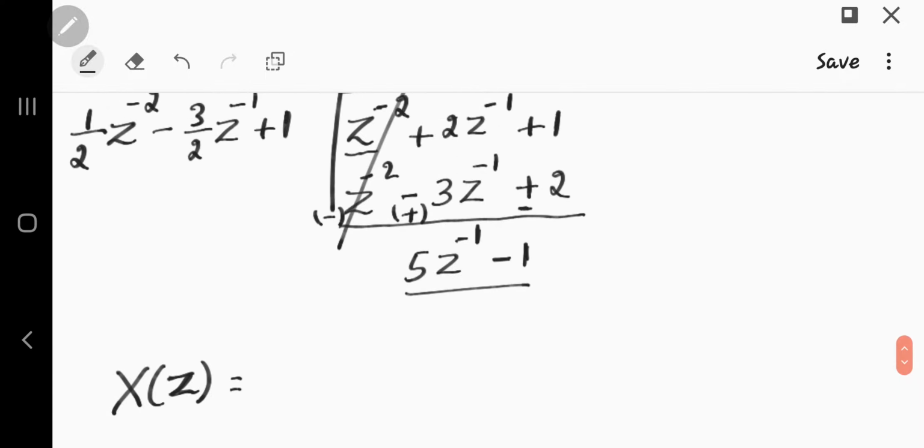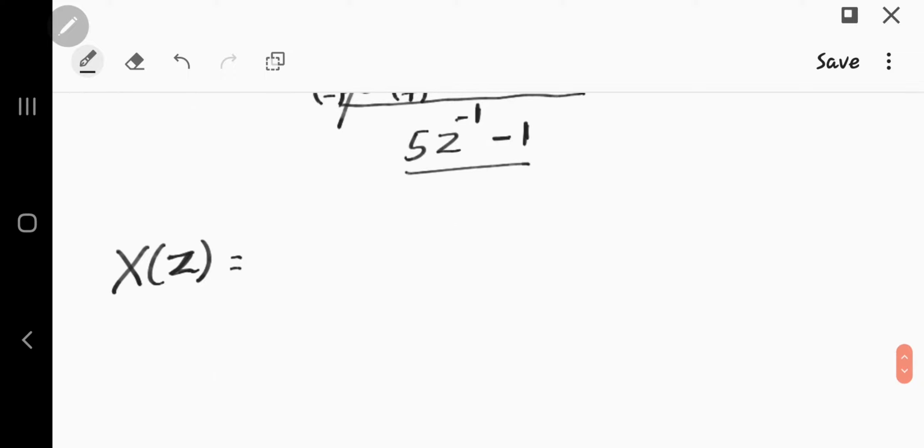You have to stop long division when the power of this remainder becomes less than that of the divisor power. Now the divisor power is 2 and the remainder power is 1. So that's why we are stopping the long division method. If you get this in one step, you stop there itself. If it takes more than one step, you go further.